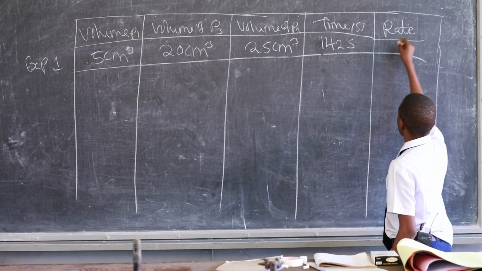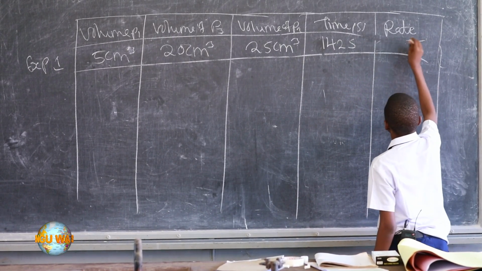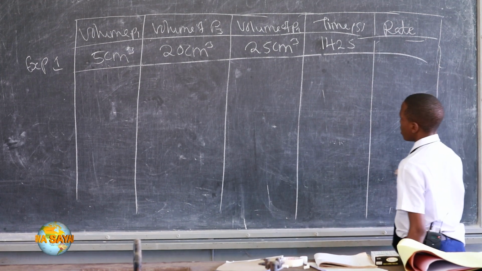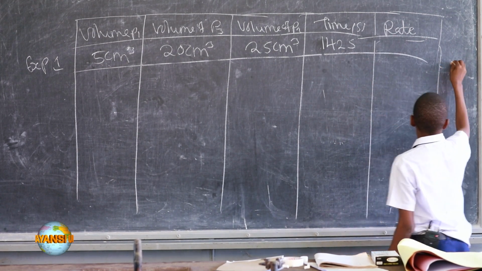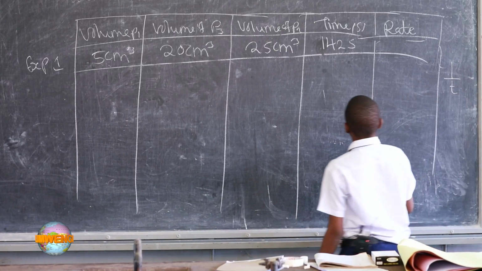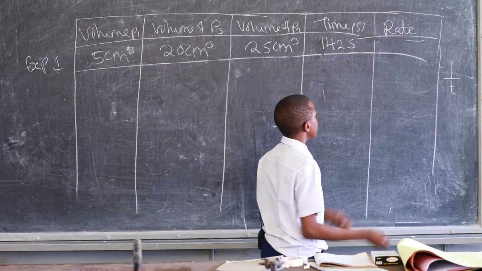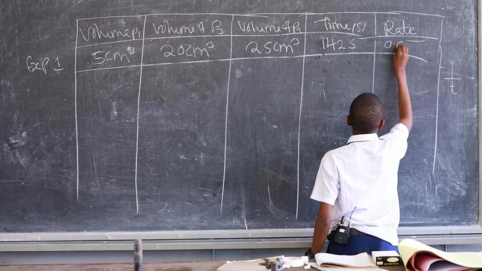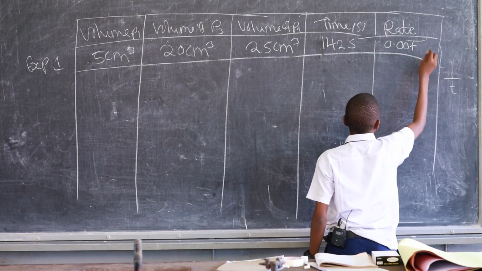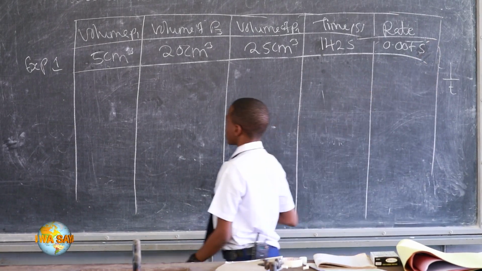In order to get the rate of the reaction, we are going to take 1 over second. By converting 142 seconds into the rate, we get 0.007 per second. That is the rate of the reaction.